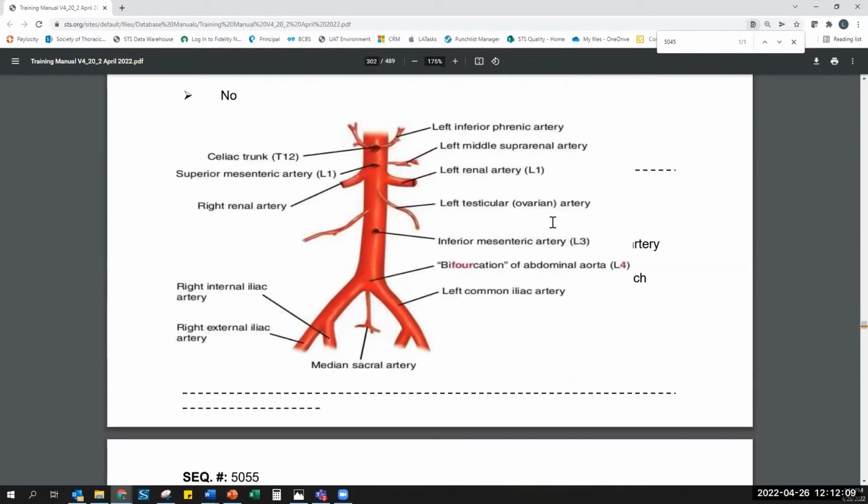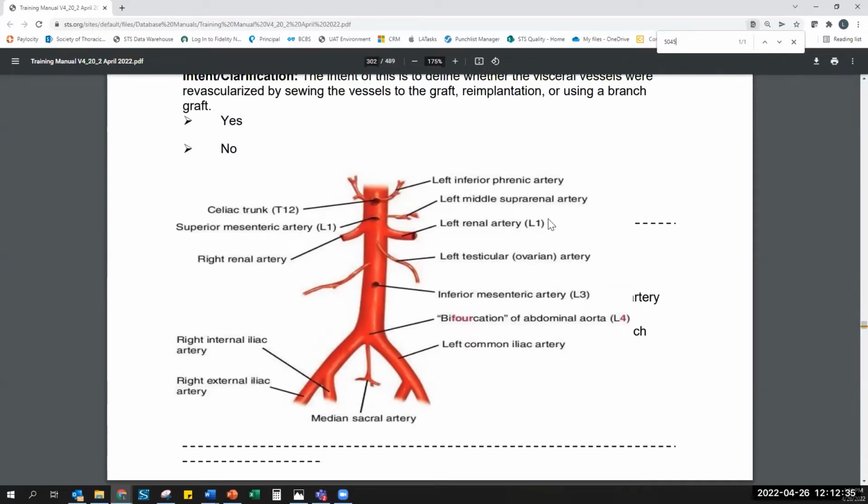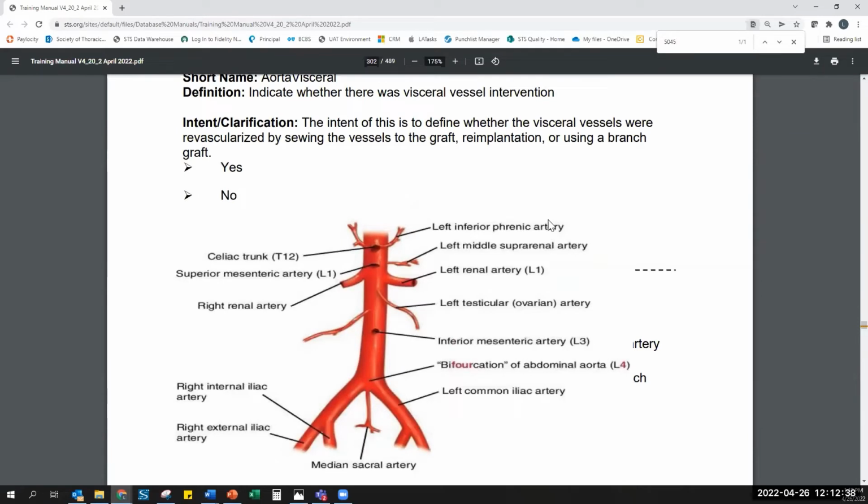A nice picture where you've got your celiacs coming off, your superior mesenterics, your renals. Thoracic going down into the ascending and eventually hitting the abdominal aorta. And this is all your abdominal aorta, right? Where all of these vessels live. The phrenic arteries, the suprarenal, the renal arteries.